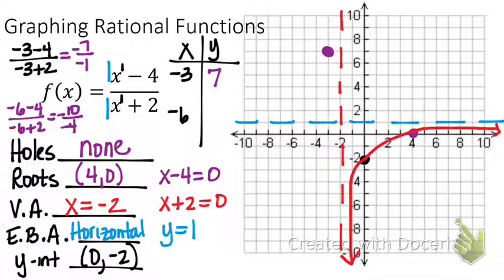So 10 divided by 4 is 2.5. Who got 2.5? 2.5, okay. So at negative 6, we're going to go up 2.5. So that's about right there.